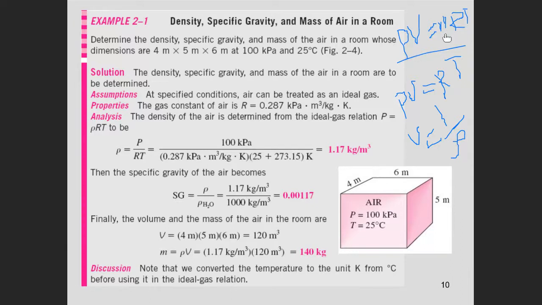You can get m, and then you divide m by the volume to get the density. That is also correct. So look at the given always, but the problem is very simple. You can go either way. This is a simpler way, and this is a slightly longer way.